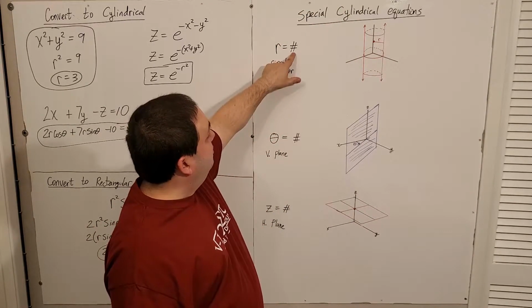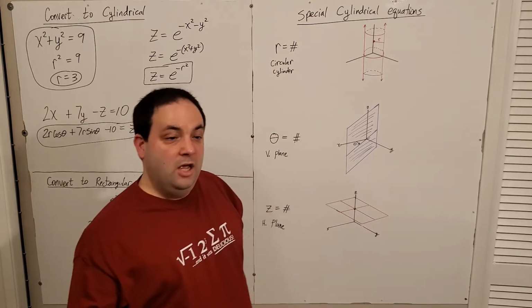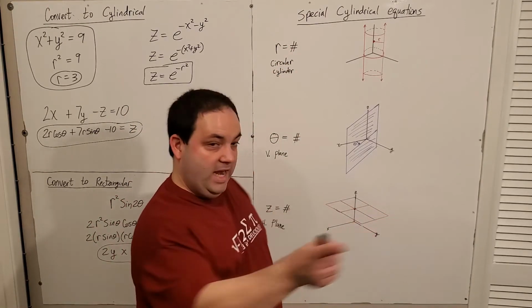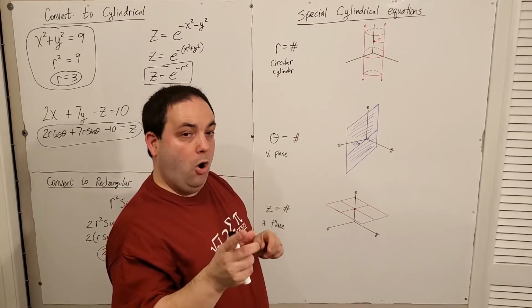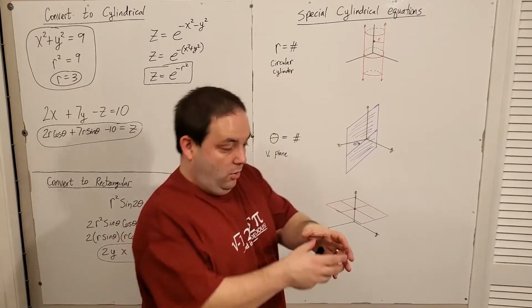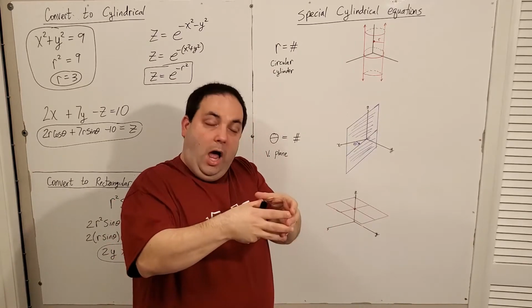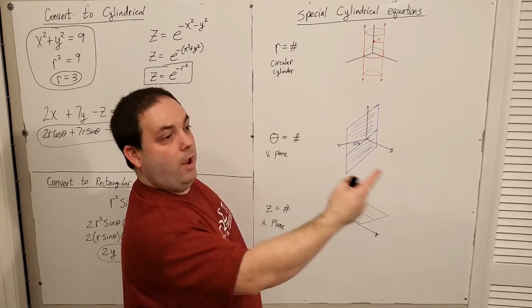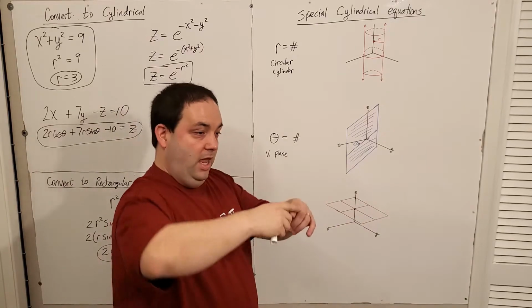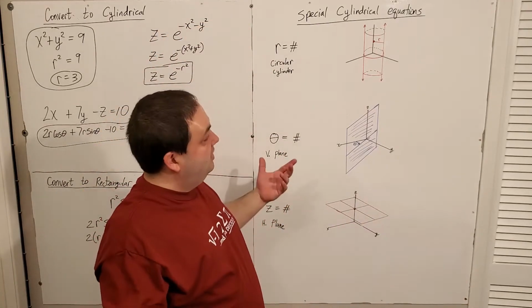So when r equals a number from the cylindrical aspect, you're saying theta can be any angle and z can be any number. But r is constant. So it gets to that certain circular size for the r, the radius. And then it goes all the way around because theta can be any number. And then it goes forever up and forever down because z can be any number.